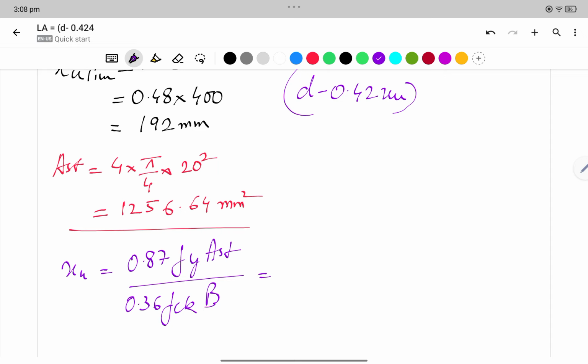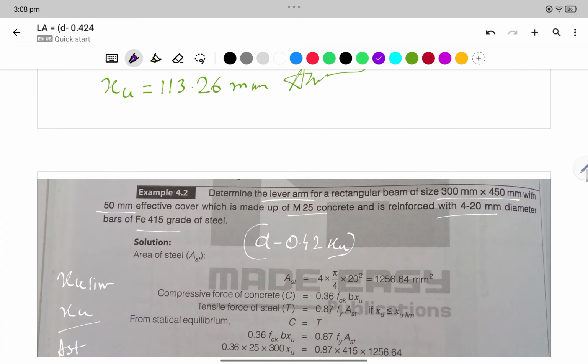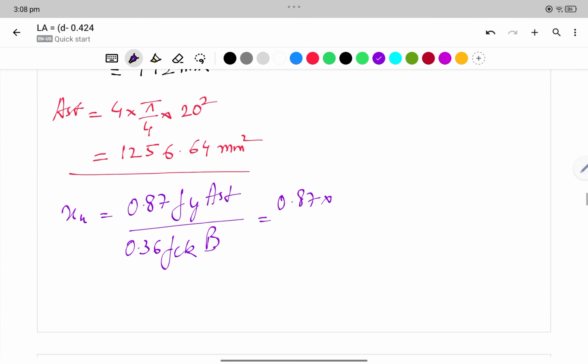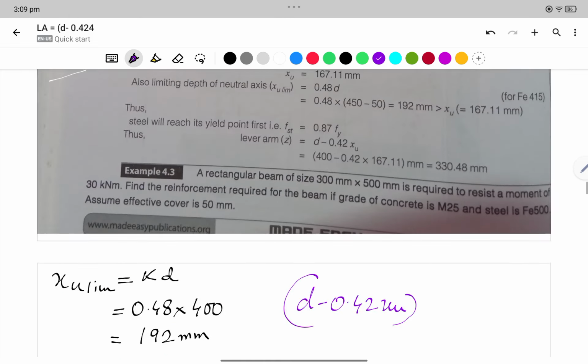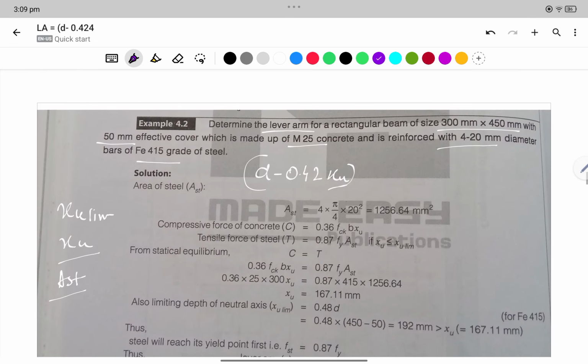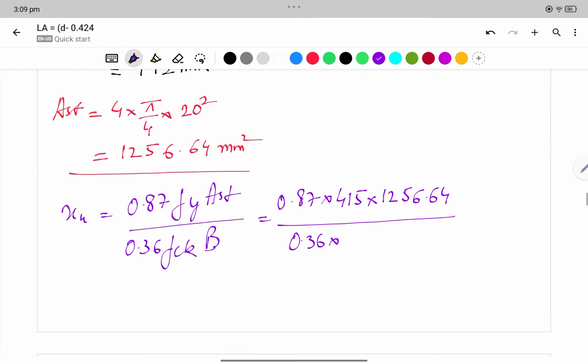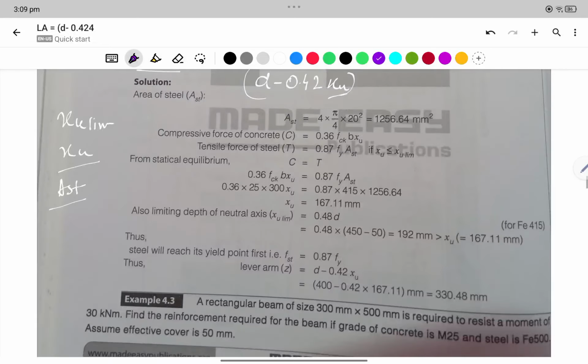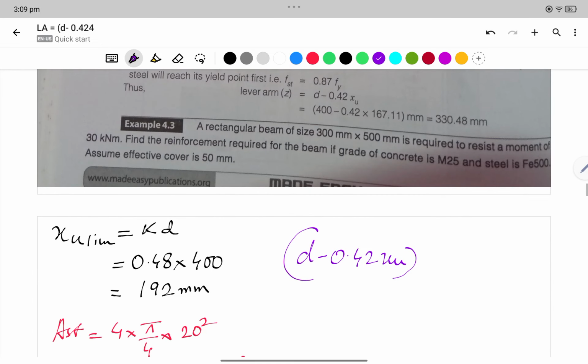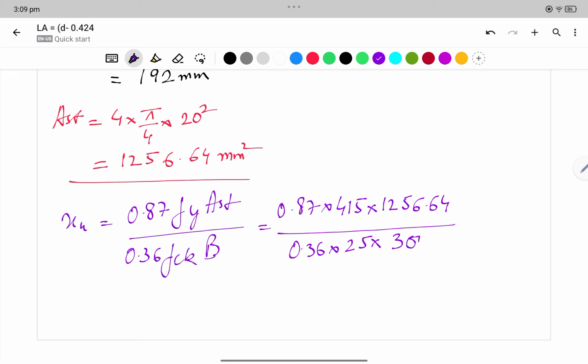So 0.87 into Fy, 415, into Ast, 1256.64, divided by 0.36 into fck, 25, into b, 300.